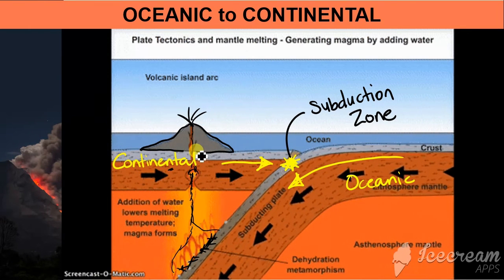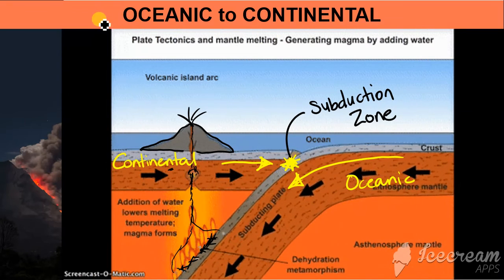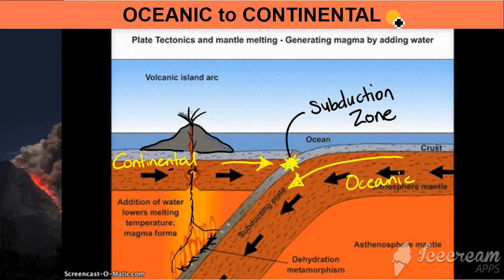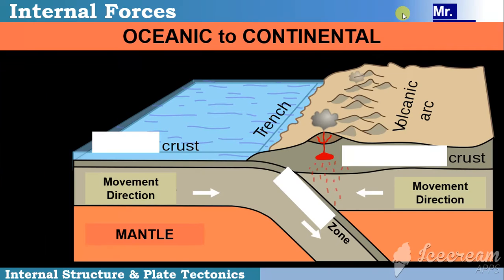So this is what really happened at a convergent plate margin, especially where we have the oceanic and continental plates colliding. So let's do a quick summary here. On our left we have the oceanic crust. Why?